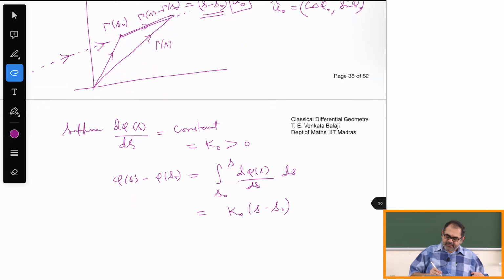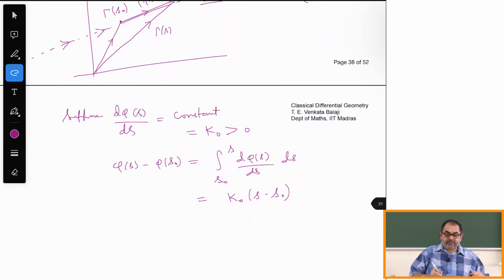Now you have to put it back into the equation for gamma dot, and then integrate to get gamma.